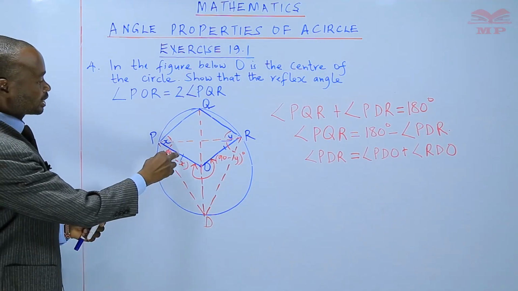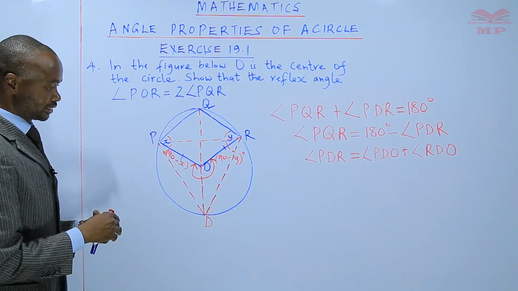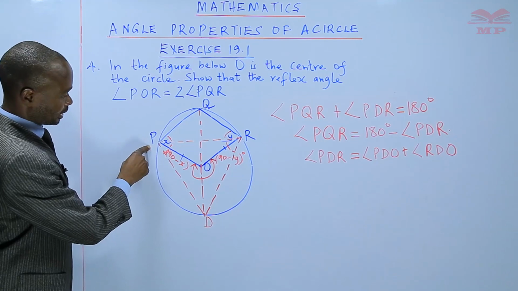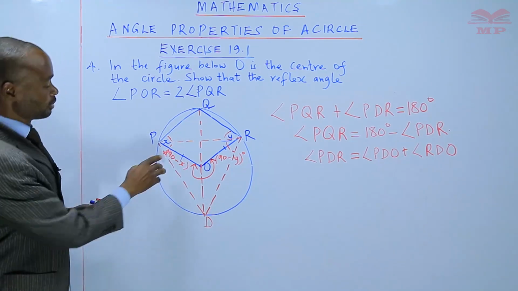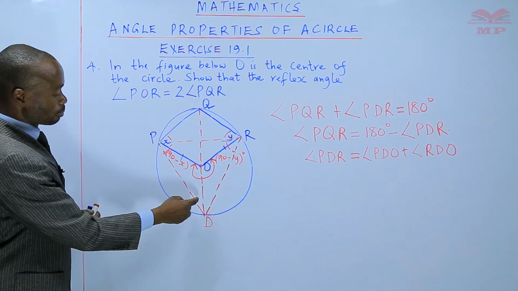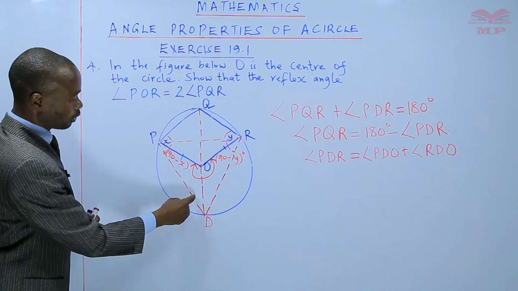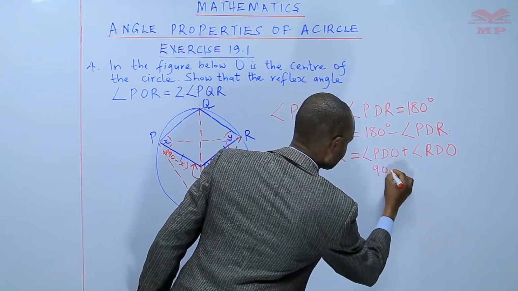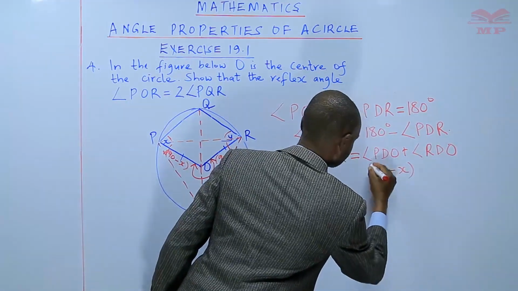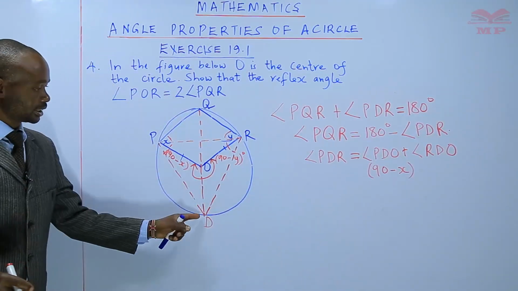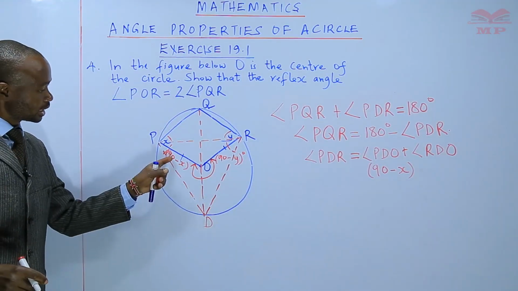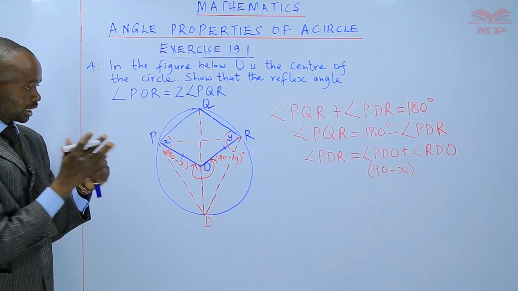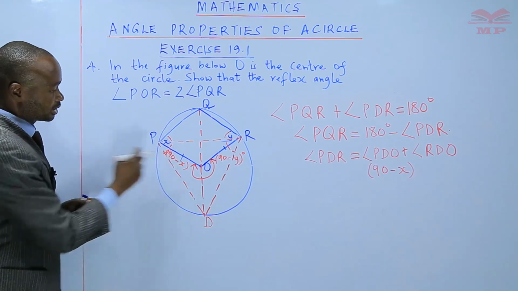So if this one is 90 minus x, the other pair is angle PDO. PDO will also be equal to what? 90 minus x. I would have got PDO. It is equal to 90 minus x because you have the other pair and they are always equal.